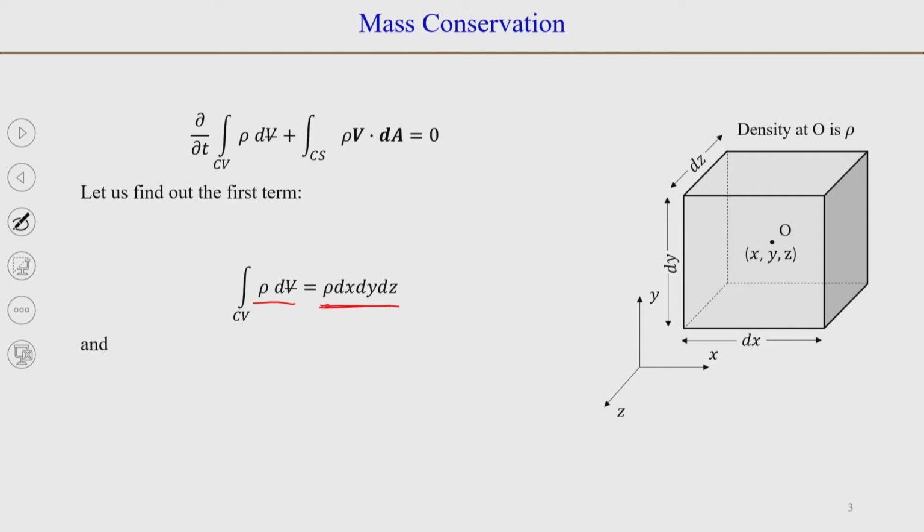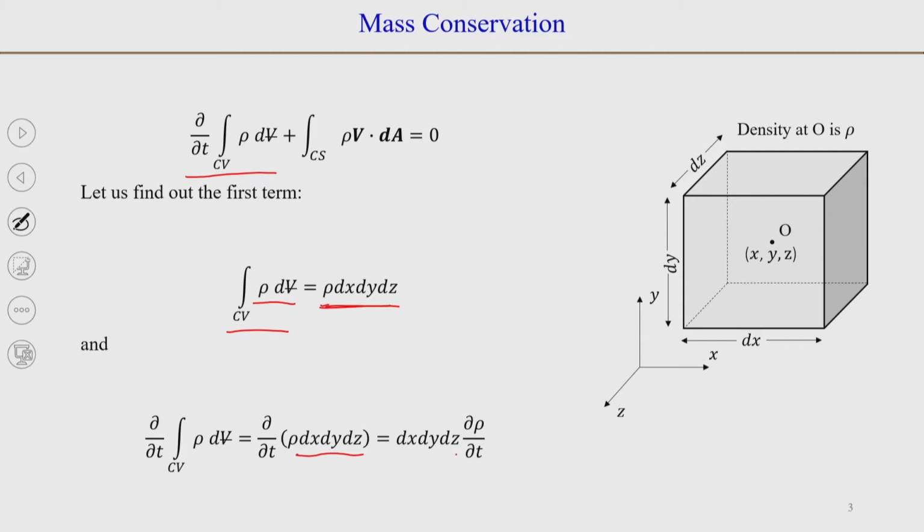Now, the first term is the partial derivative with respect to time of the integral over the control volume of rho dV. When we replace the integral of rho dV by rho dx dy dz and take its time derivative, the control volume is not going to change, its boundaries are not going to change, and the volume remains fixed.